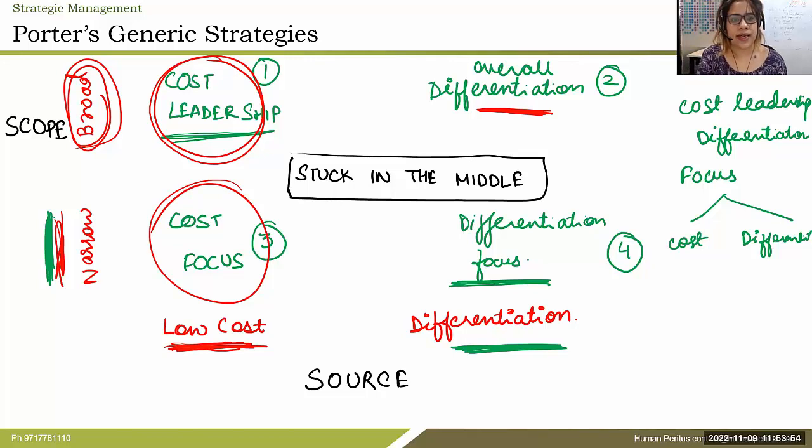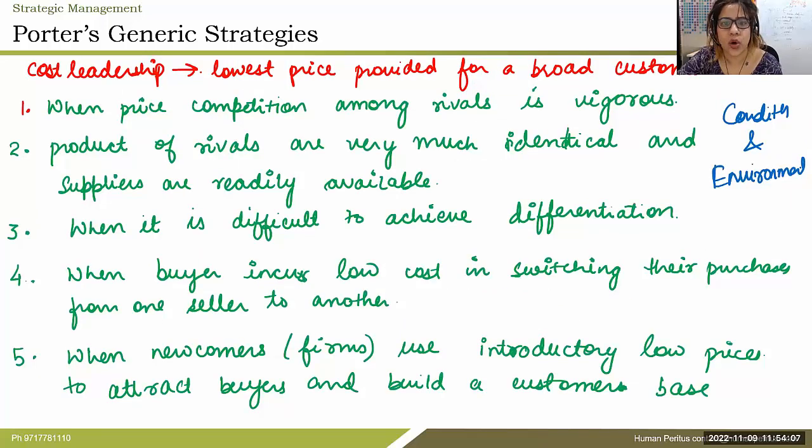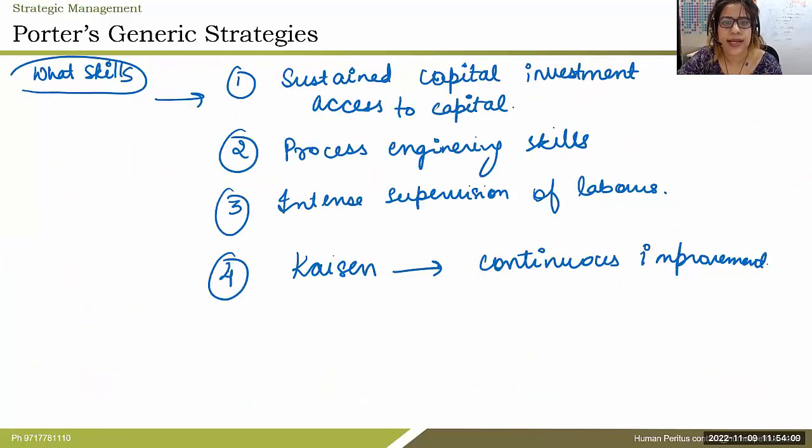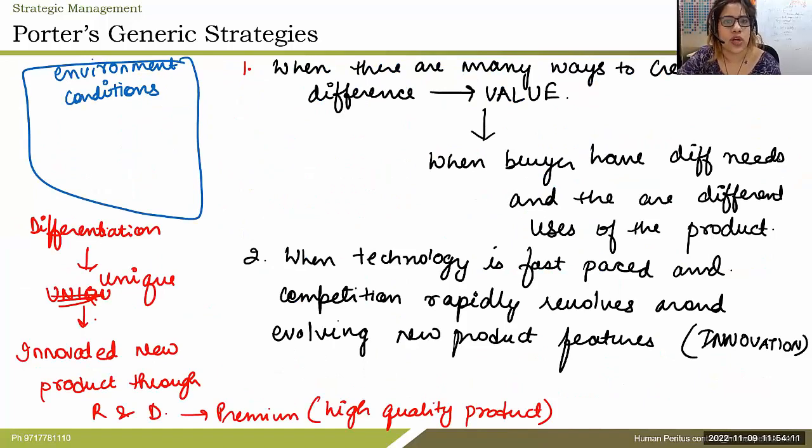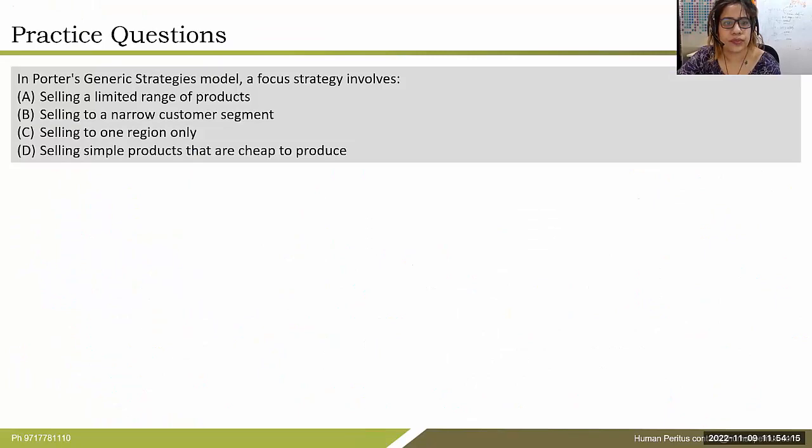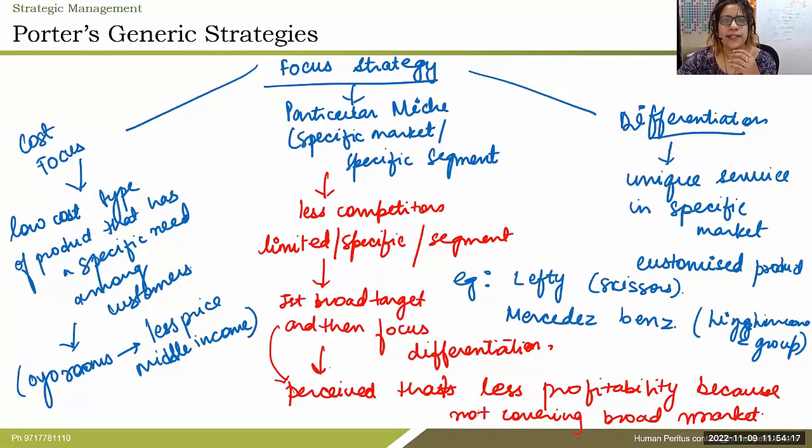So Porter has advised that you should take the one best option for yourself so that you don't get stuck in the middle, right? So any questions before we move to the practice questions? I would want to answer your questions if you could not understand anything in Porter's generic strategies. Questions, please?